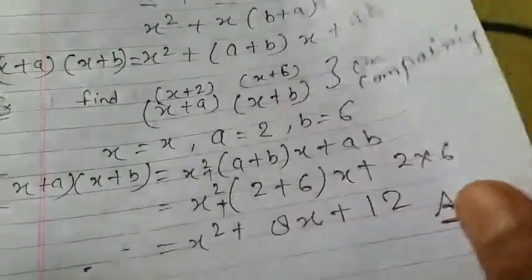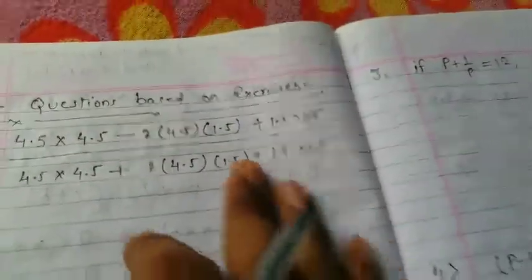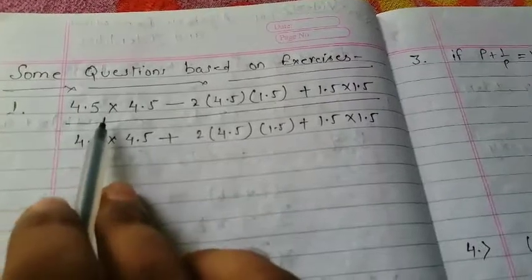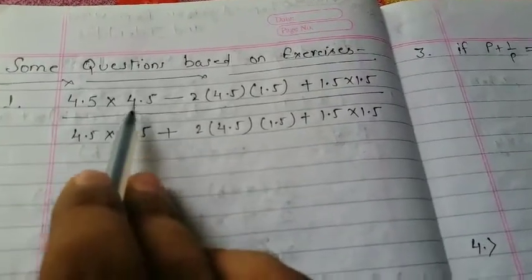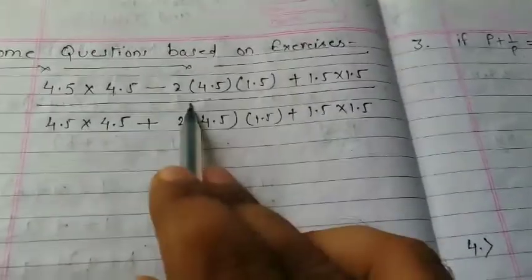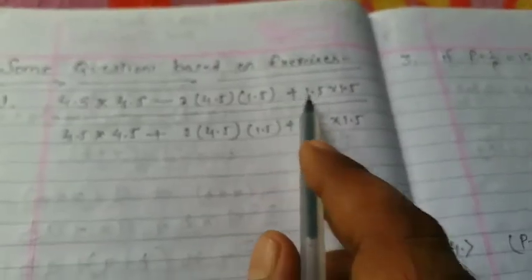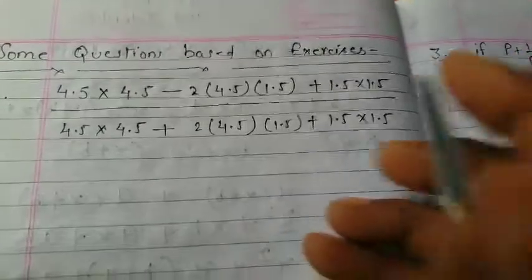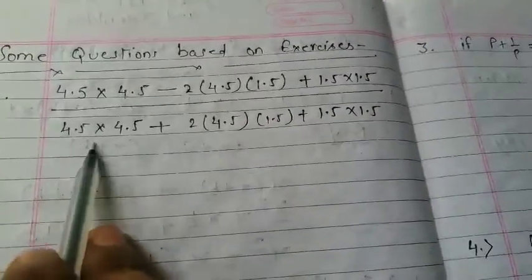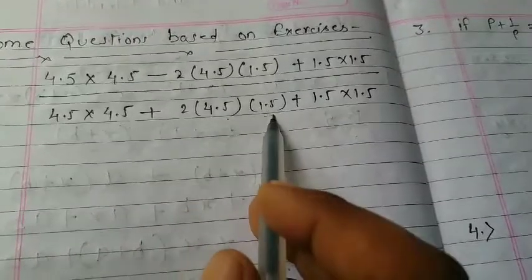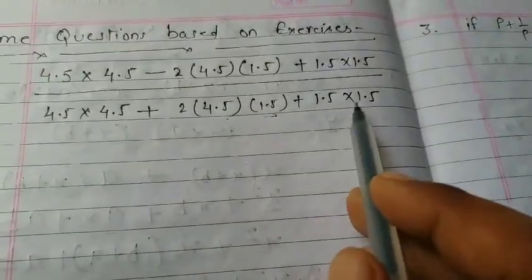Now take another question. Now I'm going to explain some questions based on the exercise. The first question is: (4.5 × 4.5 − 2(4.5)(1.5) + 1.5 × 1.5) divided by (4.5 × 4.5 + 2(4.5)(1.5) + 1.5 × 1.5).